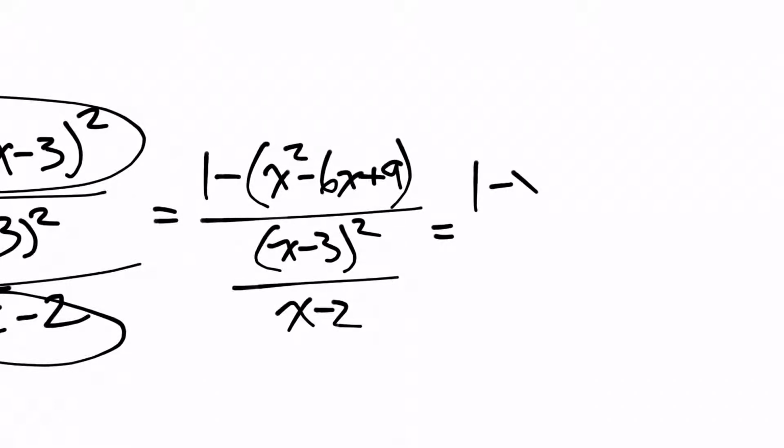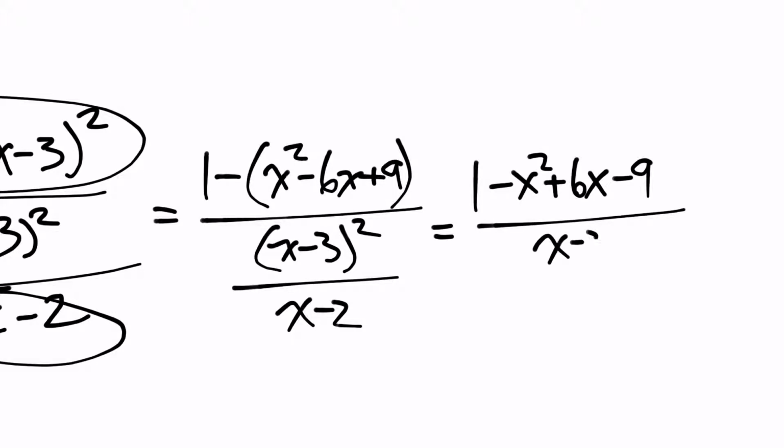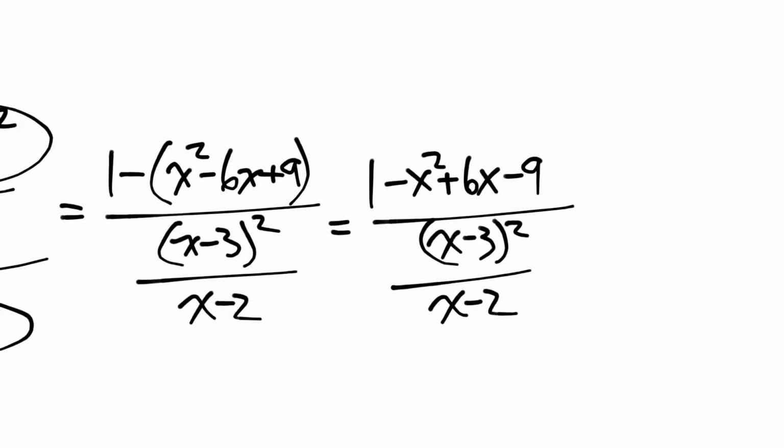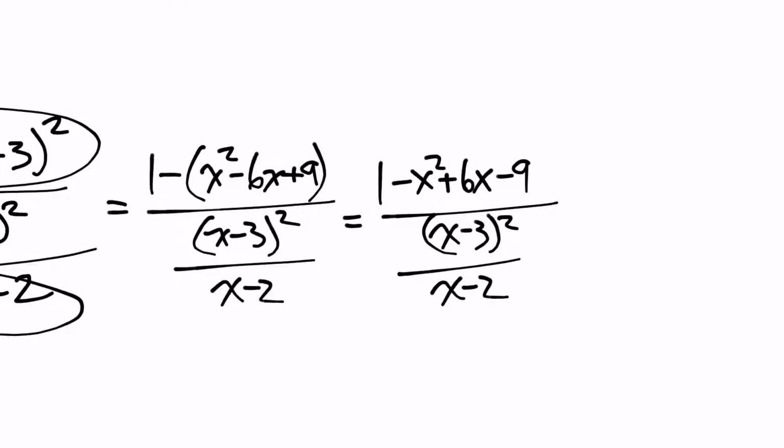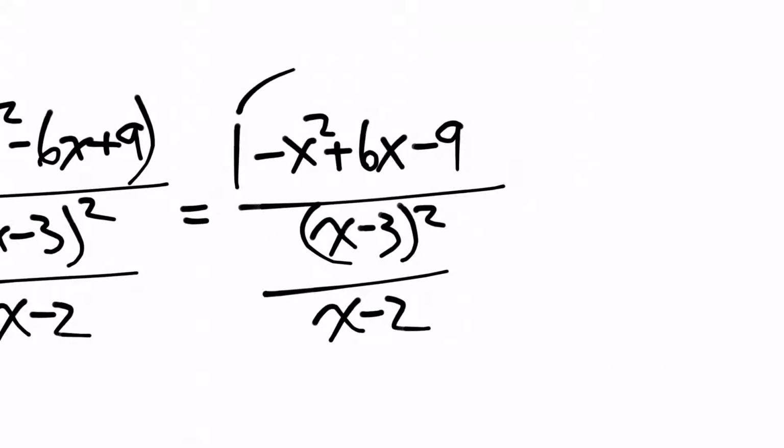So we get 1 minus x squared plus 6x minus 9, divided by (x minus 3) squared, divided by x minus 2. Again, don't forget, we are subtracting that whole thing, which means every single sign in there needs to be flipped. And now we can combine the positive 1 and the negative 9. So we get positive 1 and a negative 9 is a negative 8.